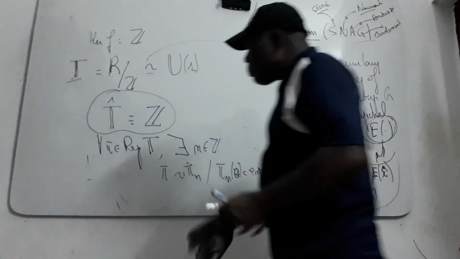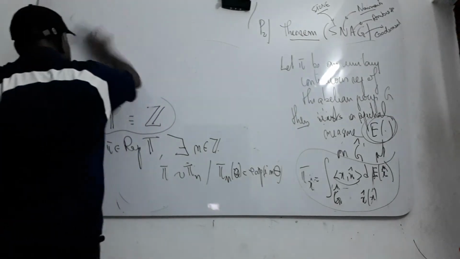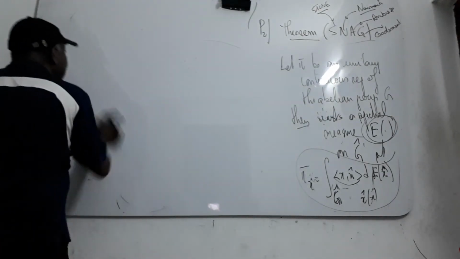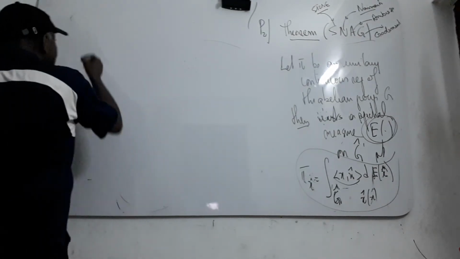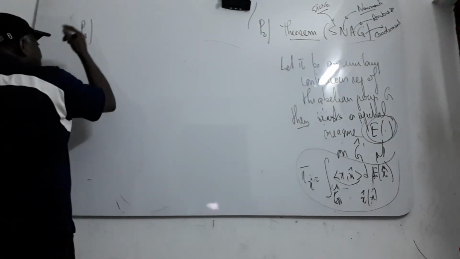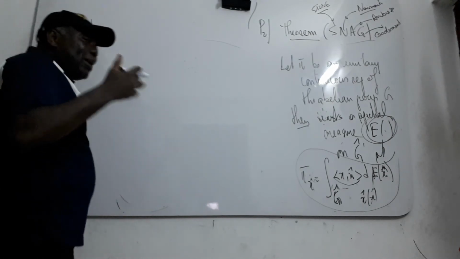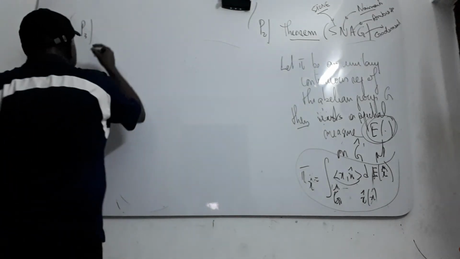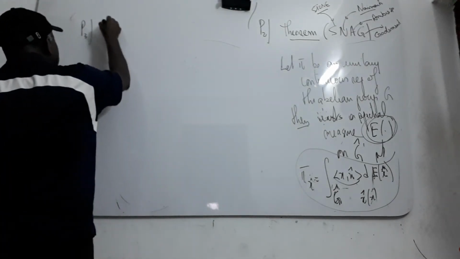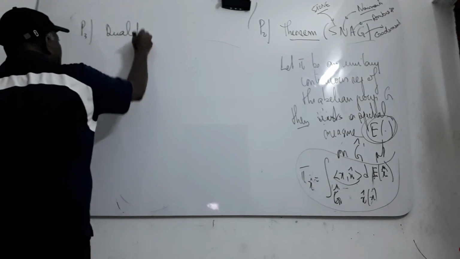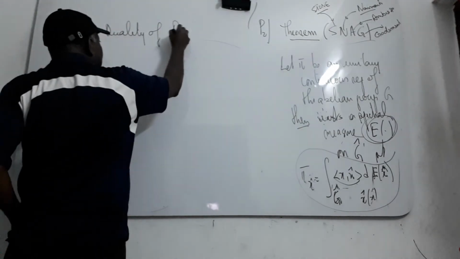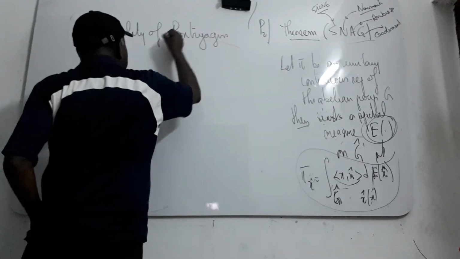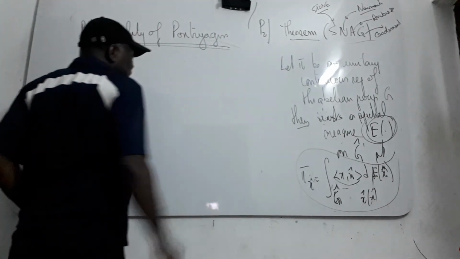The third property you can get in the abelian case is the Pontryagin duality. There are main properties for the theory of abelian groups. This duality is also very useful.